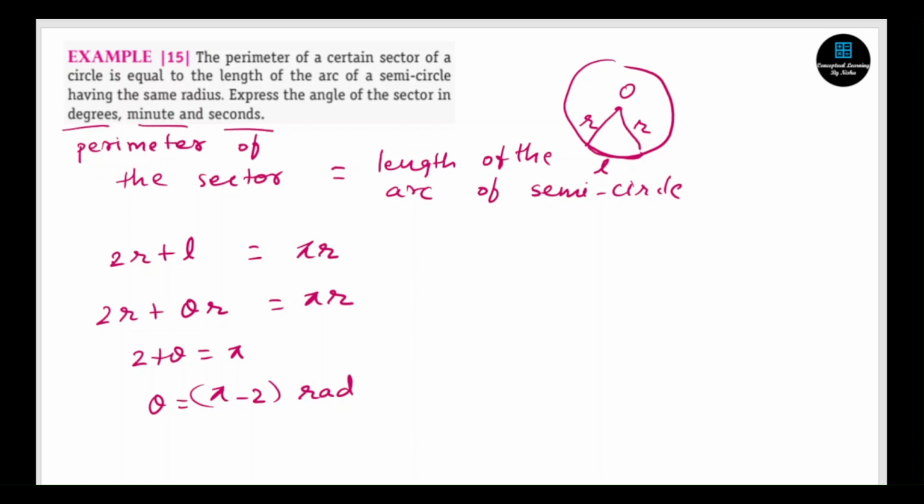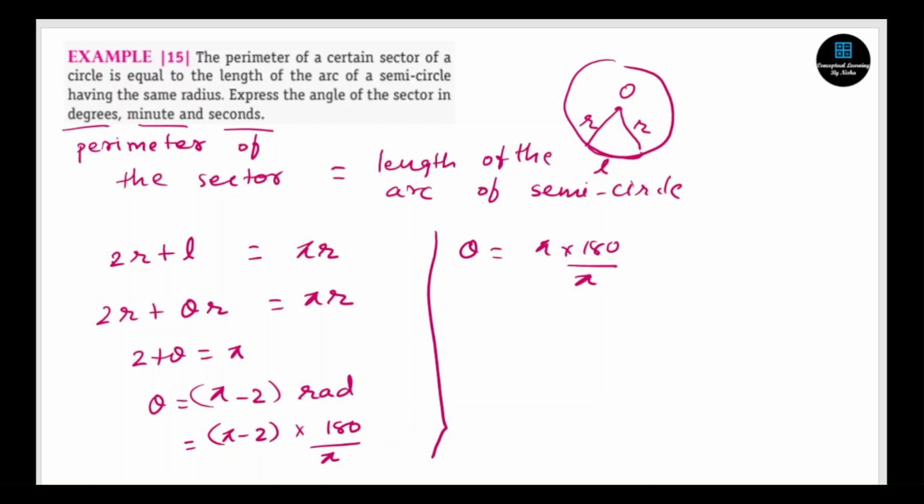That's why we have to convert this into degrees. So pi minus 2 times 180 over pi, distributive property: pi times 180 over pi minus 2 times 180 over pi. Here I'll get 180 degrees minus.